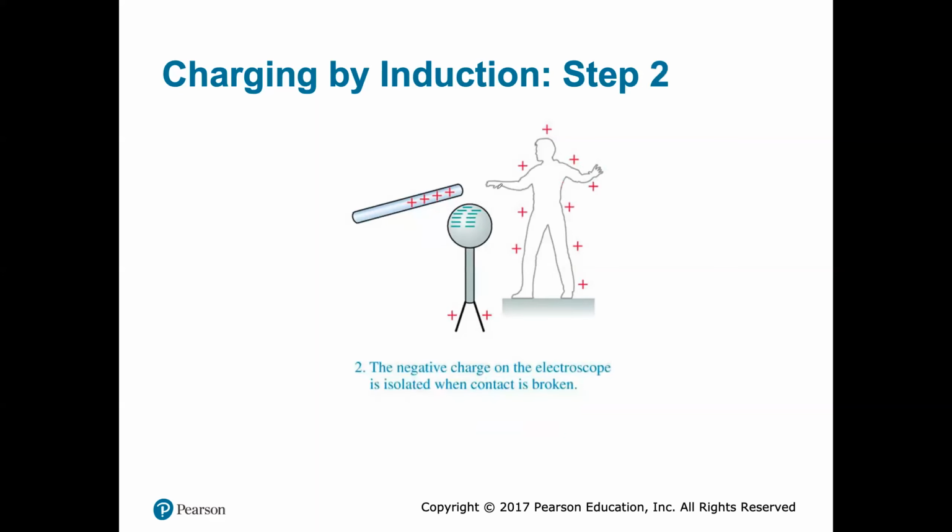Then if you take your hand away from this set of experiments, you will see there are a lot of negative charges on the sphere, but only fewer positive charges on the leaves.